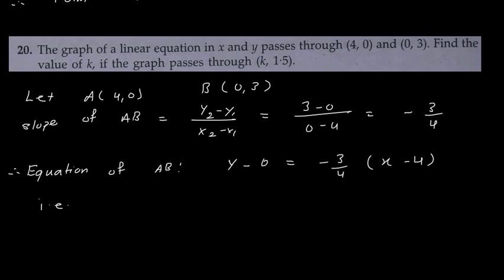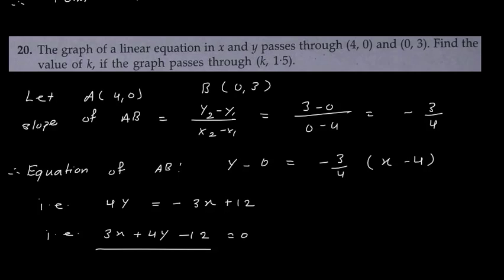I will multiply this 4 on the left, so 4y equals minus 3x plus 12. So I have 3x plus 4y minus 12 equals 0. So 3x plus 4y minus 12 equals 0 is the equation of AB.